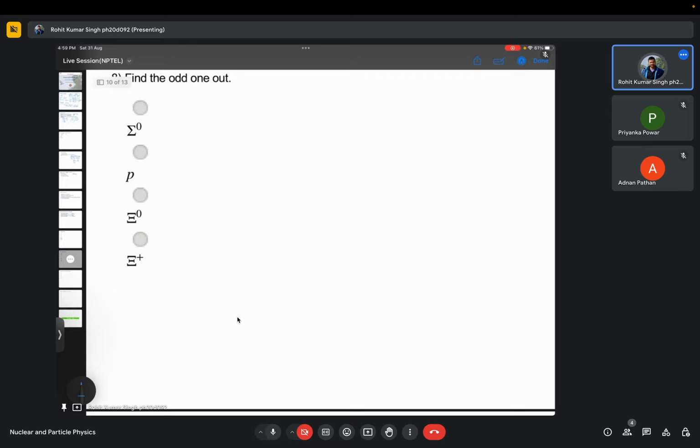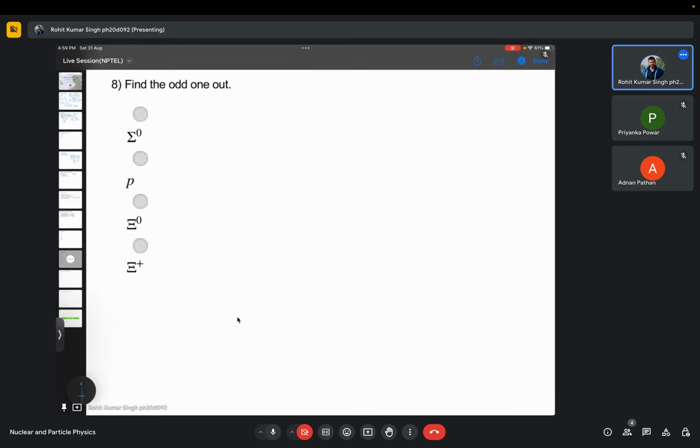Okay, no problem. So what about these four? Can you tell which one is the odd one? It is not that easy, right? Should it be the proton because it does not have multiple states?